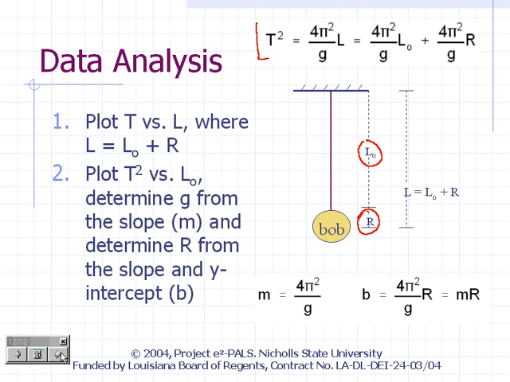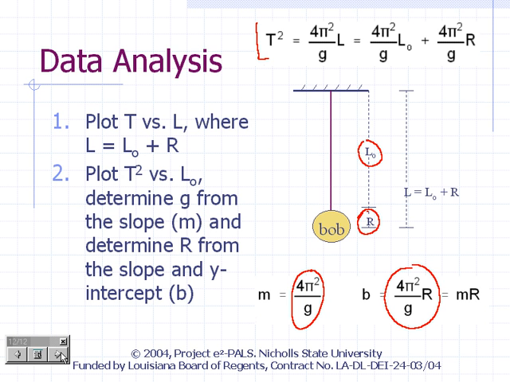However, T squared is equal to a constant times L0 plus another constant. Therefore, a plot of T squared versus L0 will give us a linear trend, with the slope equal to 4 pi squared over g, and an intercept equal to 4 pi squared over g times the radius of the bob.